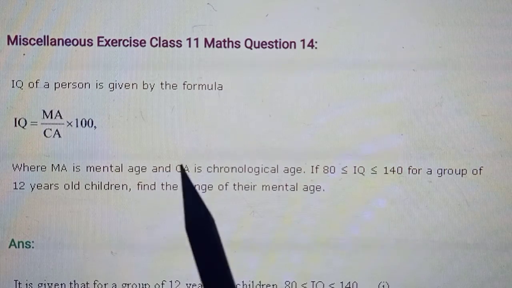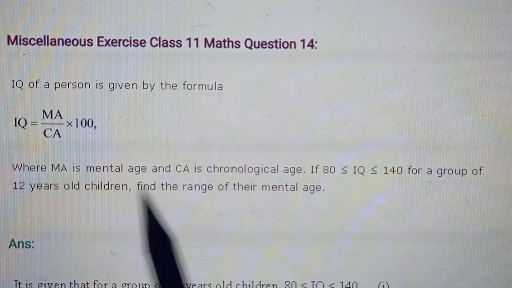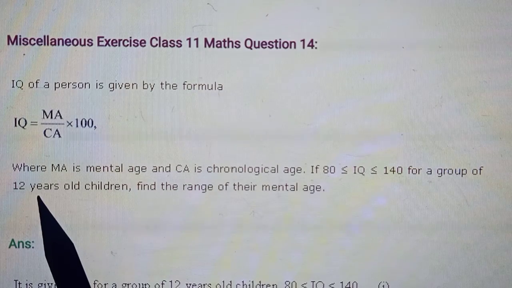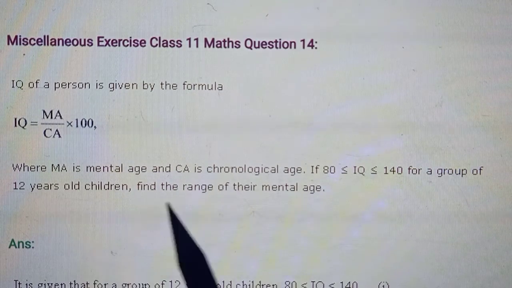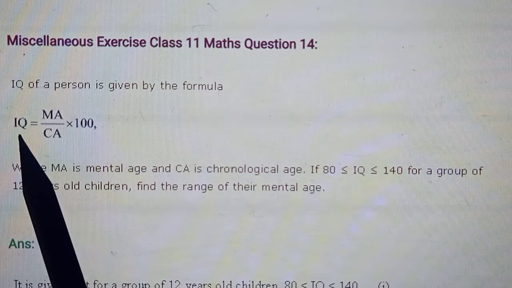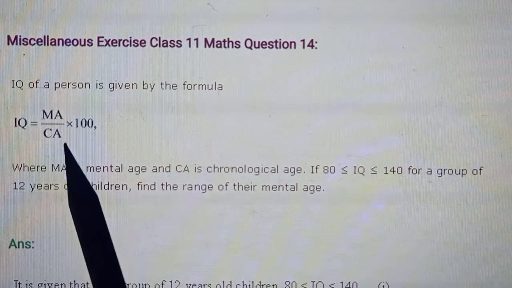So they have given you the chronological age as 12. This is according to birth, the age given to you as 12 for this particular question. If they say 12-year-old children, that means chronological age is 12. Then you have to find the range of mental age. So IQ range is given, CA is given, only MA is in question, and you have to find its range.